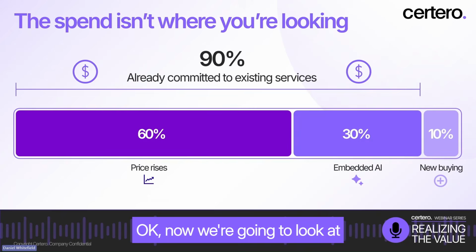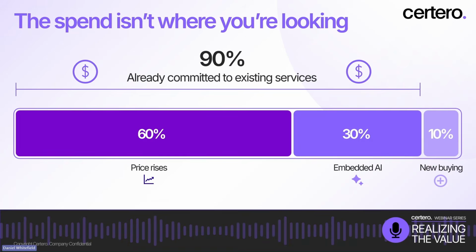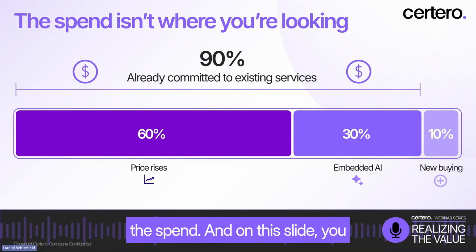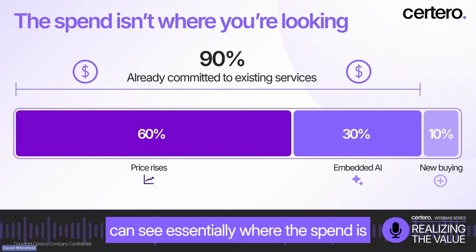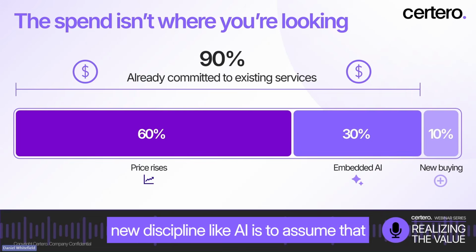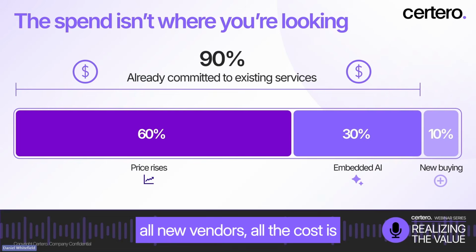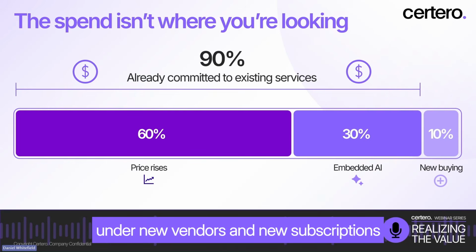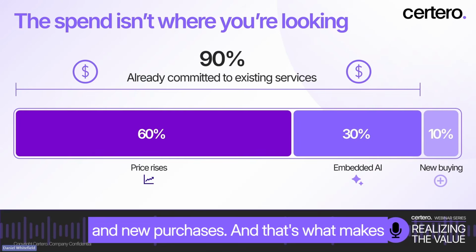Okay. Now we're going to look at the spend. And on this slide, you can see essentially where the spend is not where you're currently looking. The natural thing to do when understanding a new discipline like AI is to assume that all the cost is under new vendors and new subscriptions and new purchases.